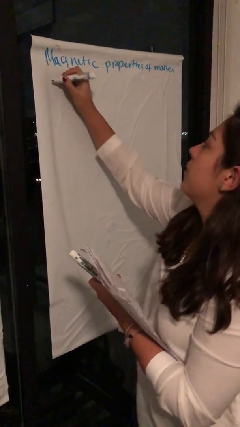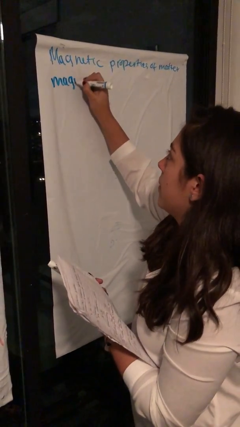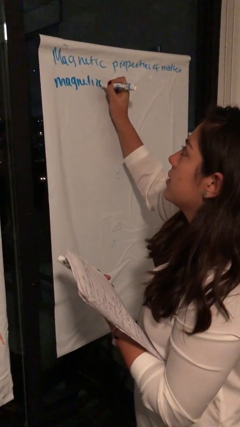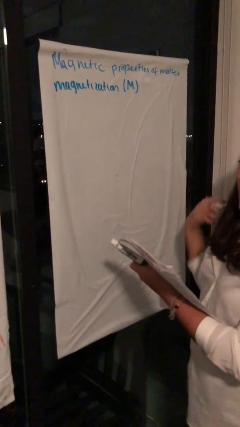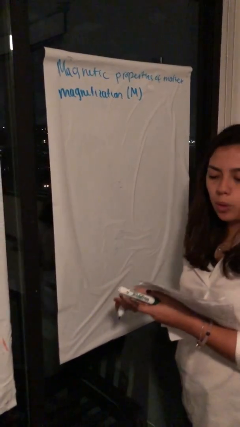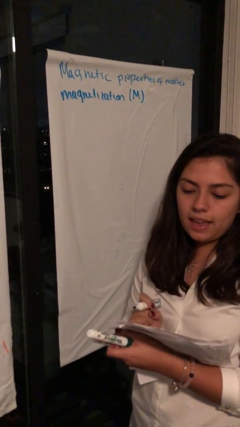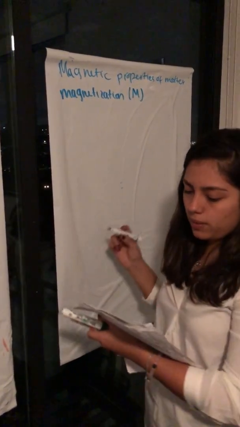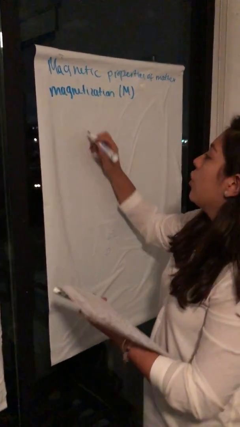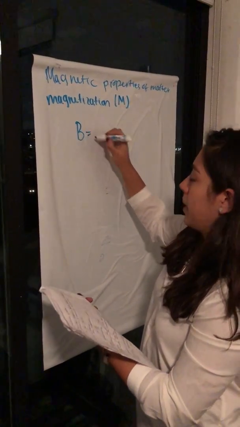We will find magnetization, that is given by the letter M, and it establishes the magnetic dipole moment created by the dipole moments of the atoms per unit volume, and we can use this for finding the magnetic field.